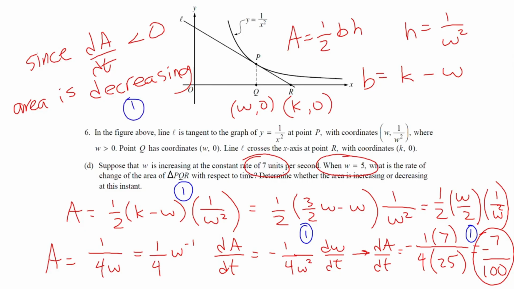And 1 for saying that's negative, so the area is decreasing. And that is the end of this function FRQ, question number 6 from the 1999 AP Calculus AB exam.